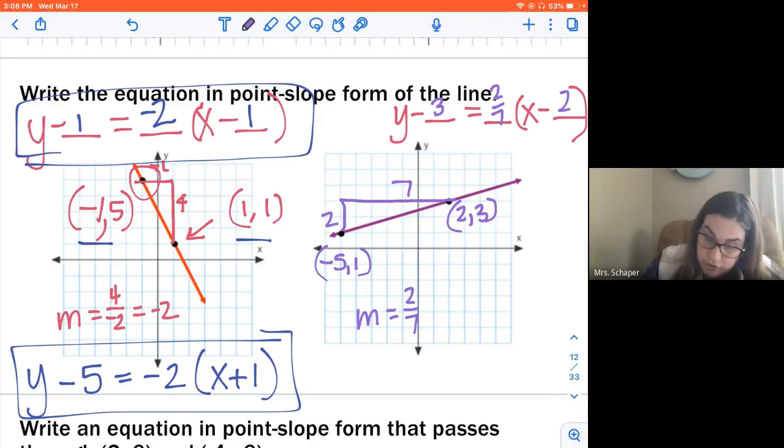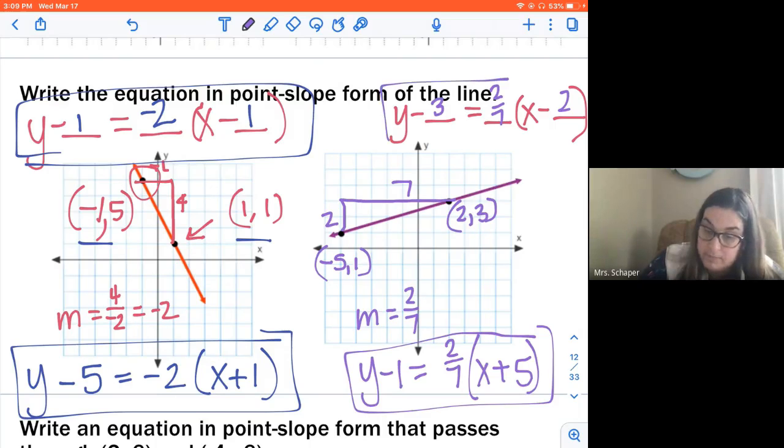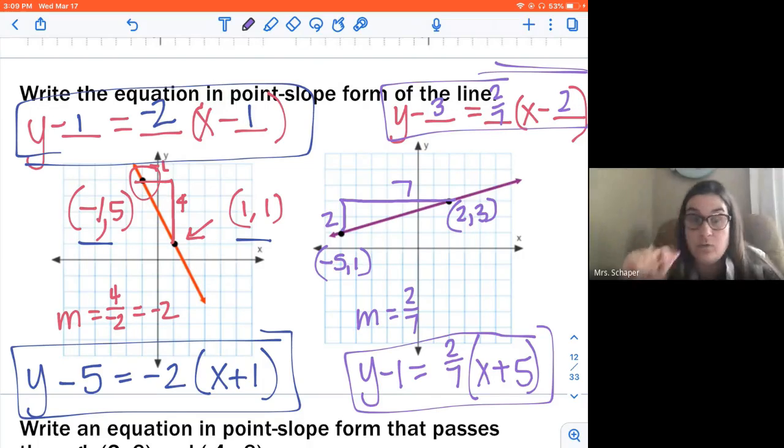Or you could use the other one, y minus 1 is equal to 2 7ths times the quantity x plus 5. Either one of these will work beautifully. You pick which one, and both of them are possible. You only have to put one down, right? Only need one down.